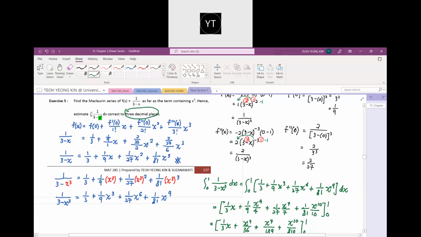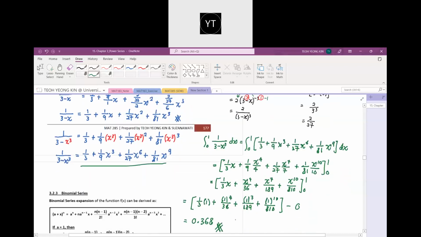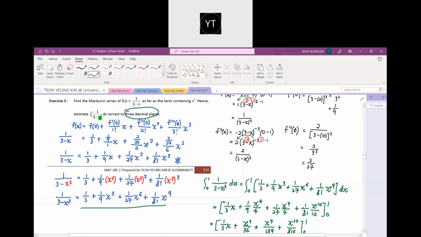What we get here is 1 over 3 minus x, whereas the question requests for the second part 1 over 3 minus x cubed. So here this x we replace with x cubed, remember. X cubed to the power of 2 here. X becomes x cubed, here there is a power of 3. Then you simplify again, and then we integrate this function. After integrating, substitute the values, and we will get the answer. So this is the Maclaurin series.